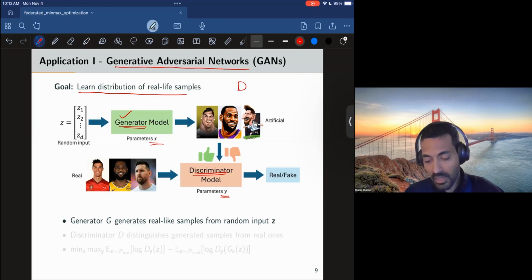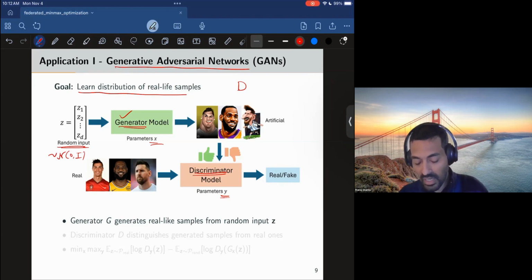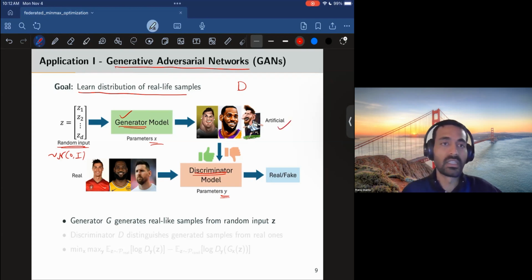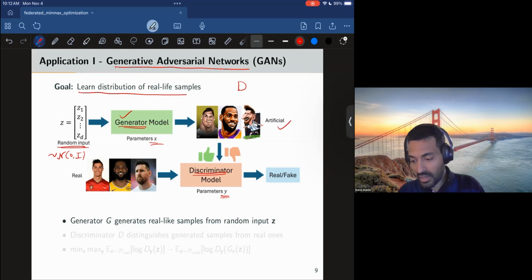It takes as input some boring randomness. For example, these can be simply coming from a normal distribution with mean zero and covariance matrix identity. So this is a very benign, boring randomness. It takes this as input and then tries to generate some artificial data, for example, some artificial facial images, right?